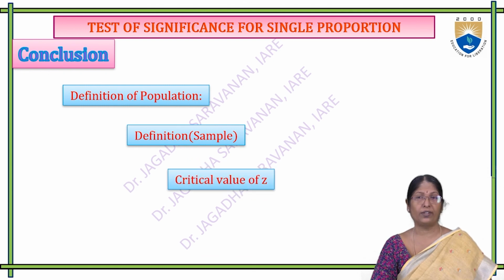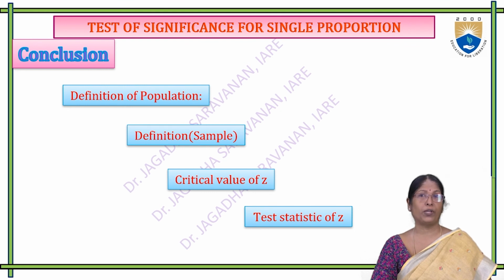The critical value of Z, the tabulated value of Z, is what lets us take the decision to accept or reject the null hypothesis. The test statistic is small p minus capital P divided by the square root of PQ by n.